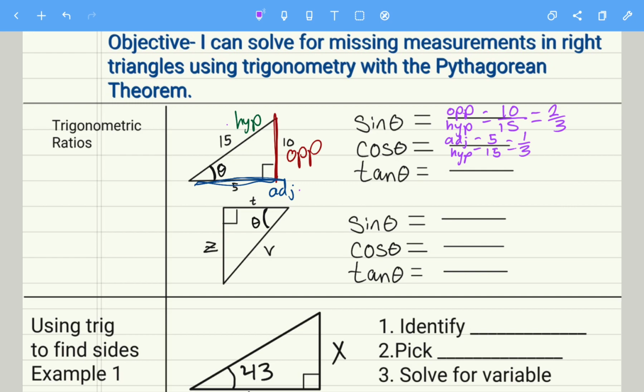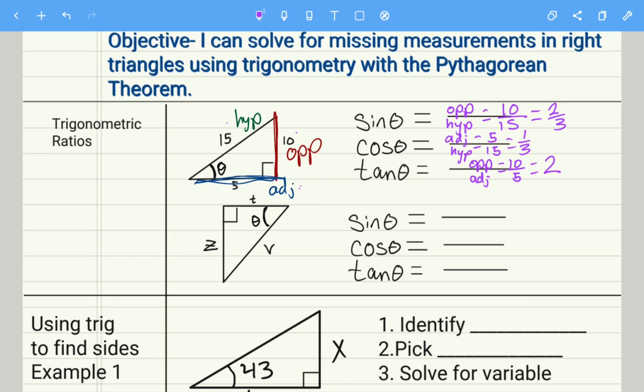Our last function is tangent. That is the opposite over the adjacent. So we get our opposite of 10 over our adjacent, which is 5. 10 over 5 is just equal to 2. So that's it. We're just dividing the two numbers for our ratios.